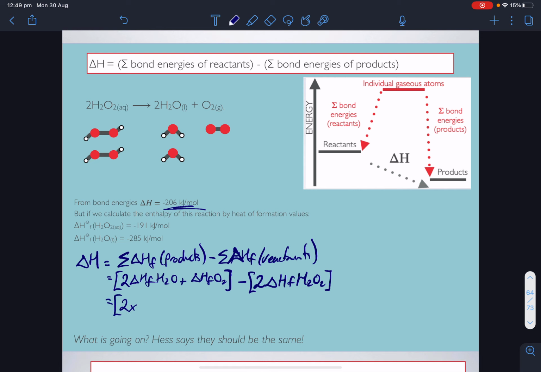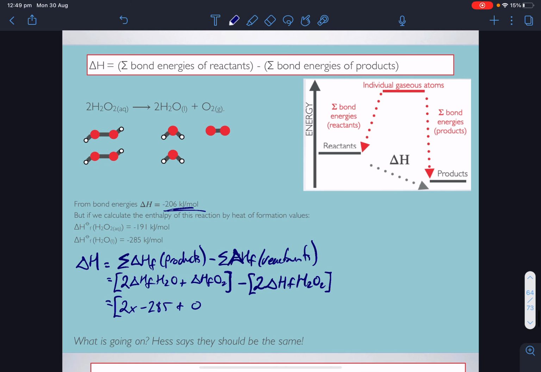So 2 times the heat of formation of water is negative 285 kilojoules per mole. Plus the heat of formation of oxygen, which is already at its standard state, so that's plus 0. Minus 2 times the heat of formation of H2O2.